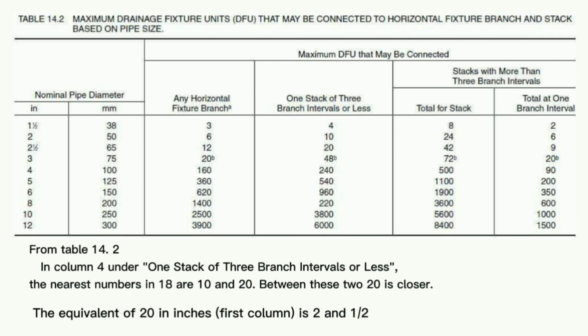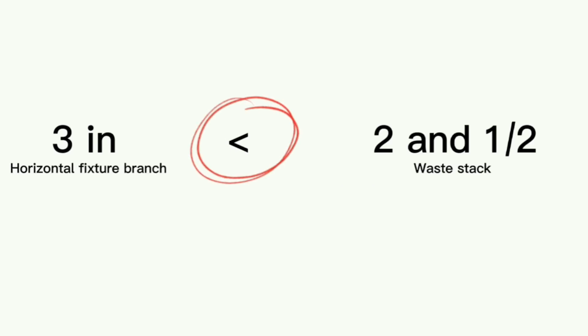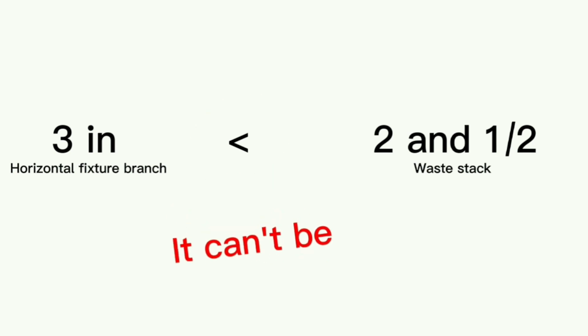Para naman sa waste stack natin is refer ulit tayo sa table 14.2, but this time sa fourth column na tayo. So, hanap ulit tayo ng mas malapit sa 18. So, 10, 20, sa 20 naman tayo. Yung katumbas niya ay 2.5 inches. Ay, wait lang. Kung gagamitin natin ang ating imagination, yung horizontal natin papunta sa waste stack, parang malabong mangyari naman yun na mas malaki yung horizontal natin kaysa sa waste stack.